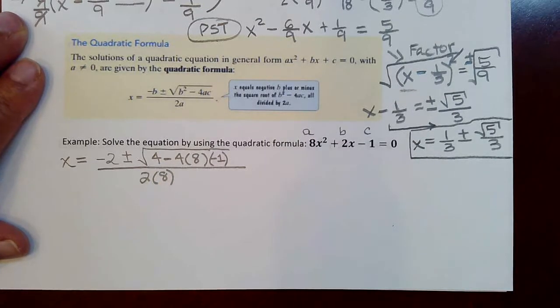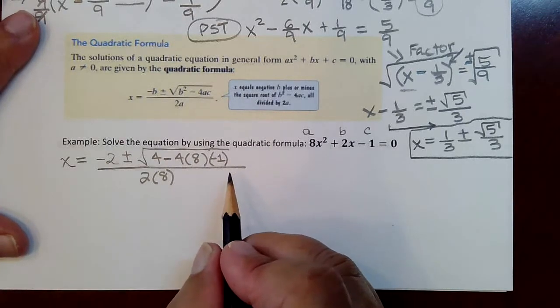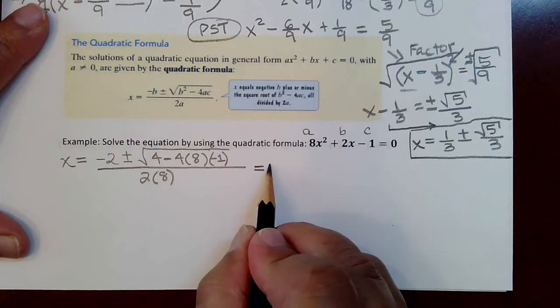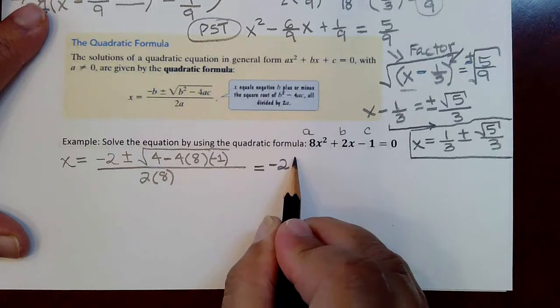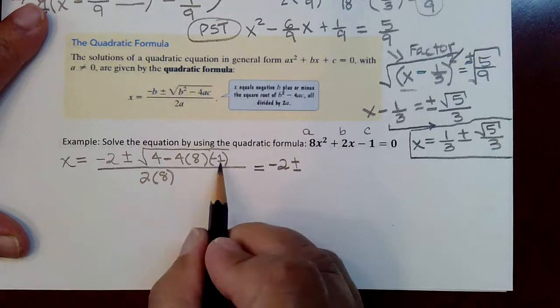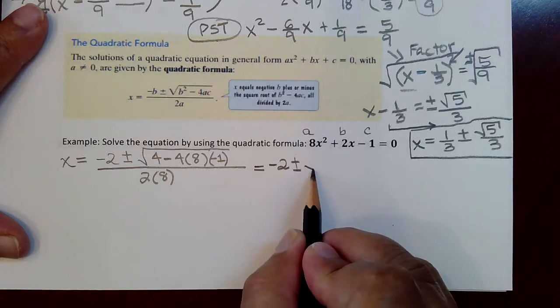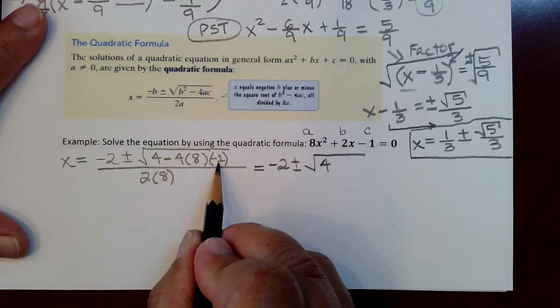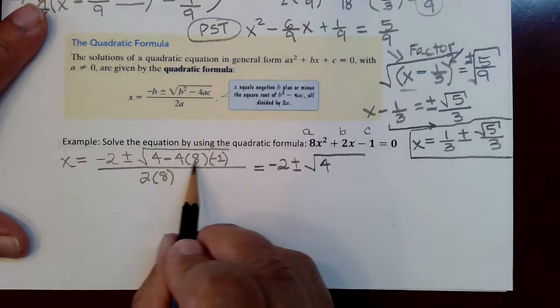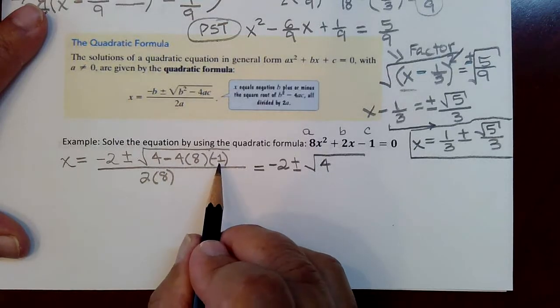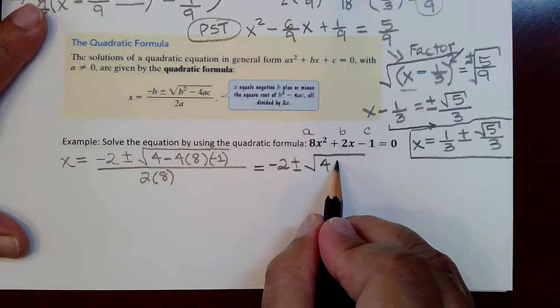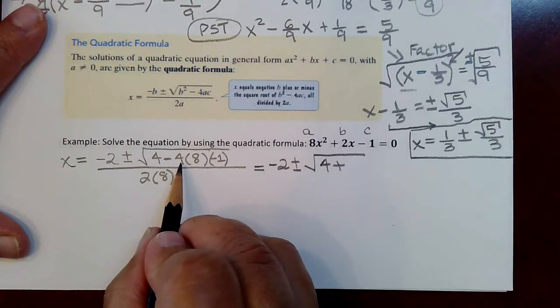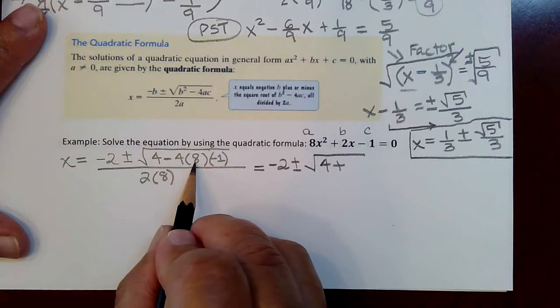Okay, now from here, we're just going to continue to try and simplify this. So we have a -2 out front, plus or minus. What's going on inside the radical is 4 minus 4 times 8 times -1. Negative times negative is going to be positive. And the number that you're going to get here is 4 times 8 is 32.